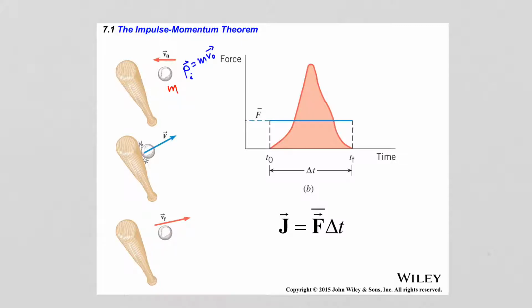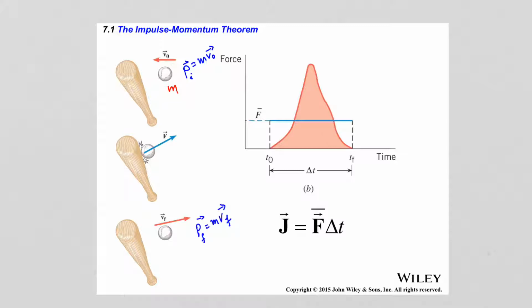So this quantity can be written as the product of the mass of the baseball and the velocity of the baseball. And I will label this quantity with P initial. And as you can see, that is also a vector quantity. Then, after the interaction with the baseball bat, that quantity, which is the product of mass and velocity of the baseball, will change.